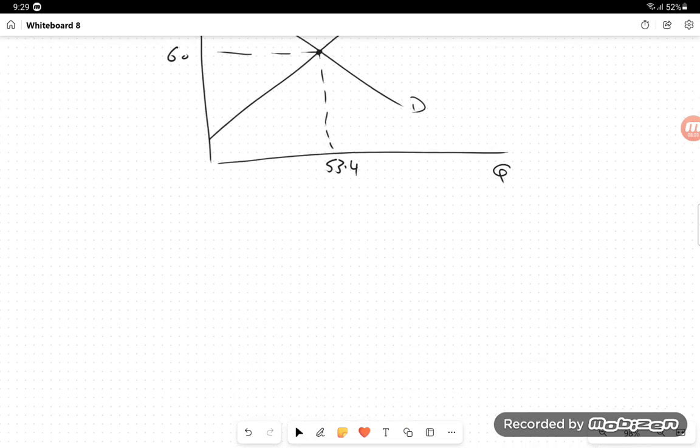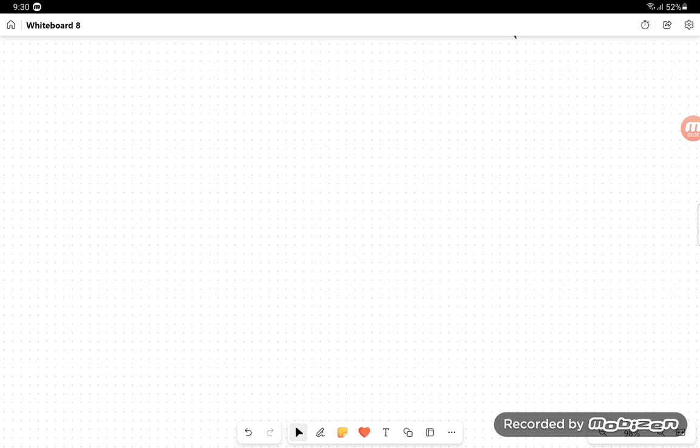Let's assume that consumers would like to buy only 1 unit. So if QD equals 1, the price will be 86.7 minus 0.5 multiplied by 1, which is 86.2.